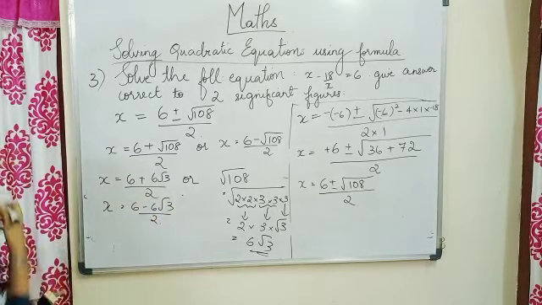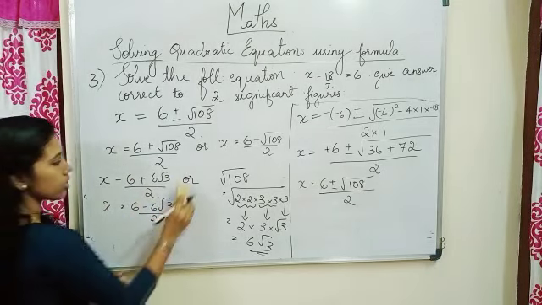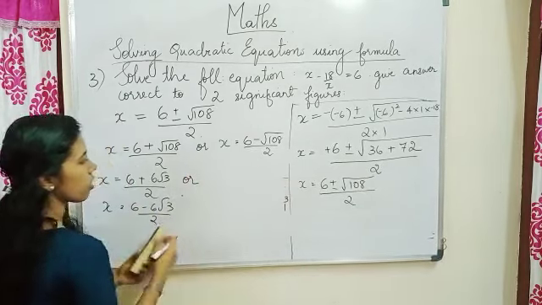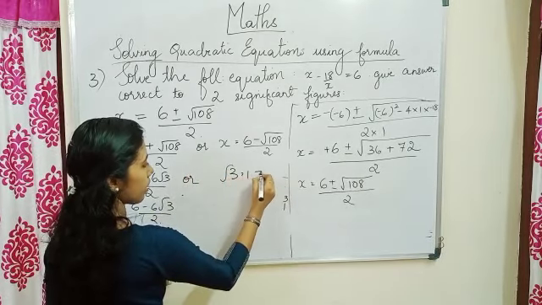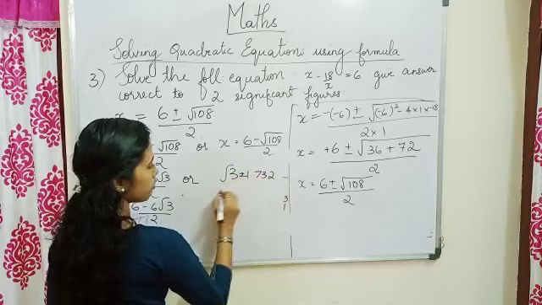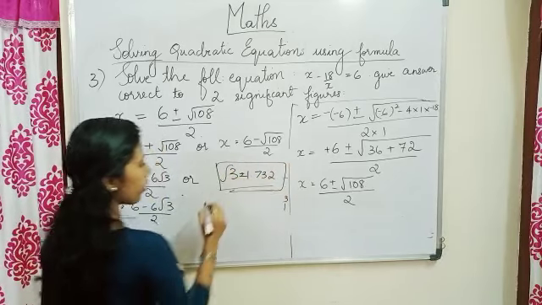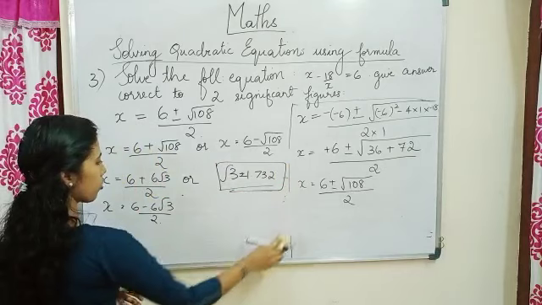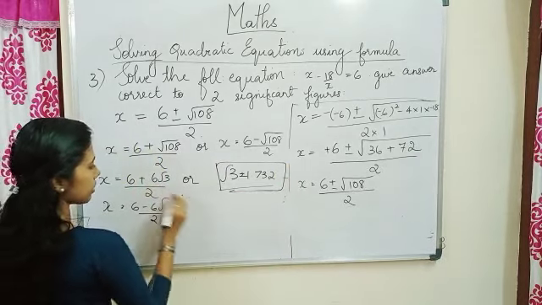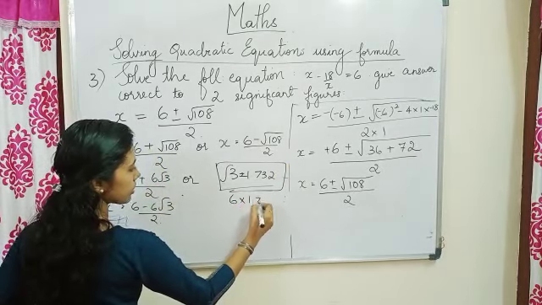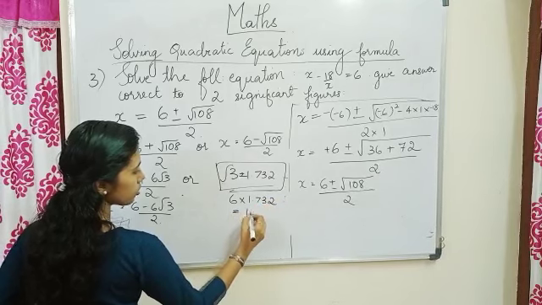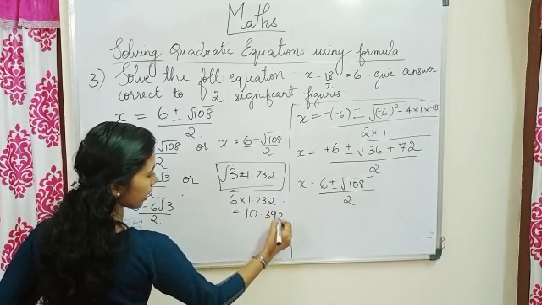Here we have to know the value of root 3. The value of root 3 is 1.732. We have to learn it. So we can put it here as 1.732. 6 into 1.732 is equal to 10.392.